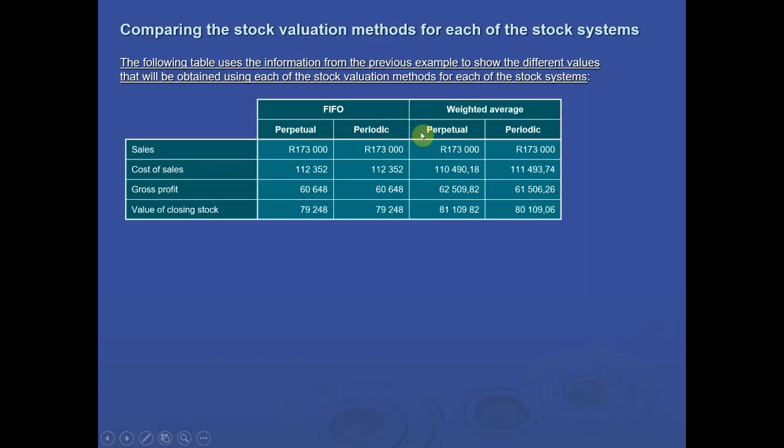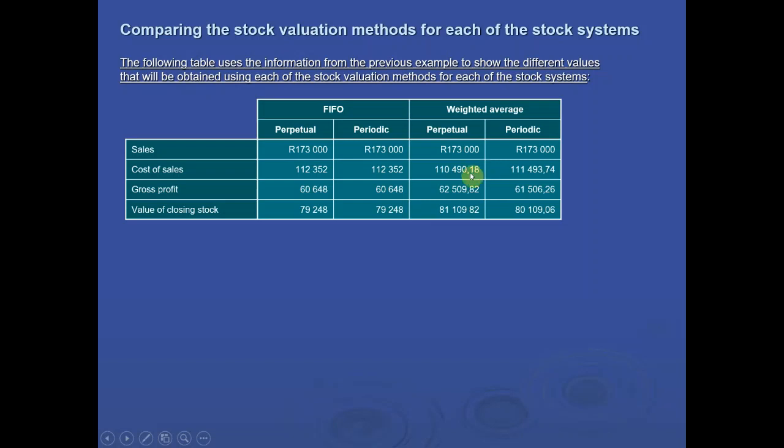First in, first out, periodic and weighted average the same amount. So sales is not affected by any of this, because we know when it comes to the valuation it affects cost of sales and the closing stock. So let's therefore look at cost of sales. First in, first out, no matter whether it's perpetual or periodic, we got the same value of 112,352.